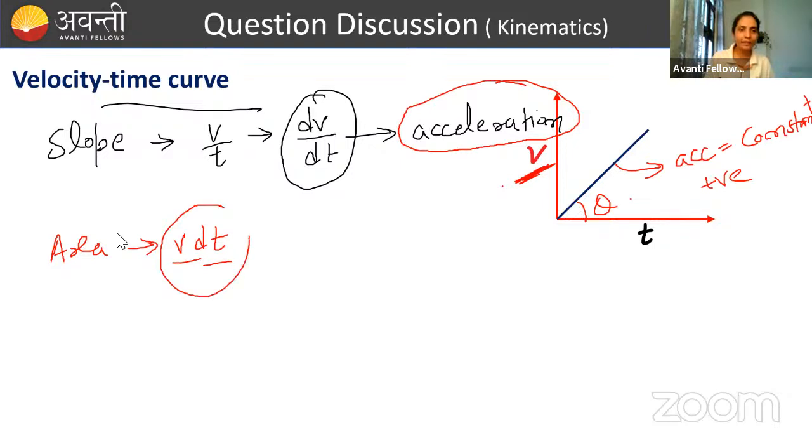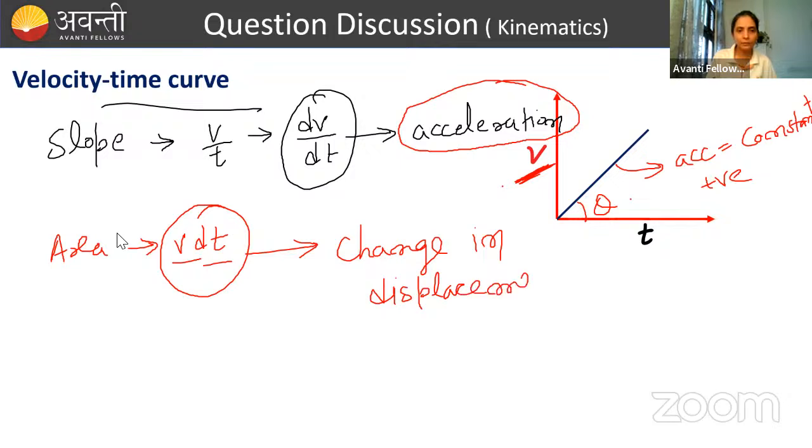So the area under the vt curve is important, and it will give us change in displacement in dt time.